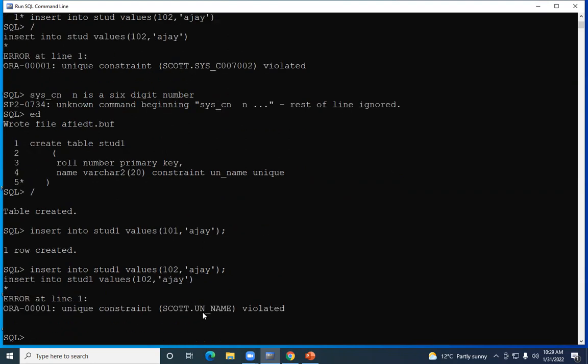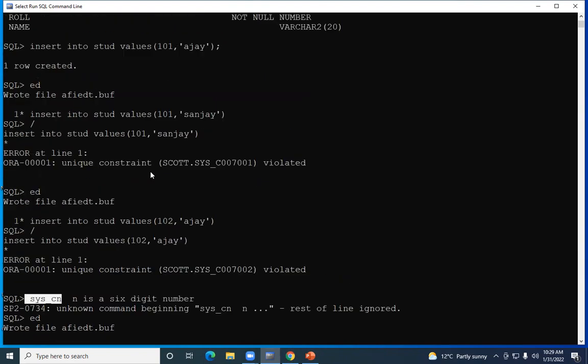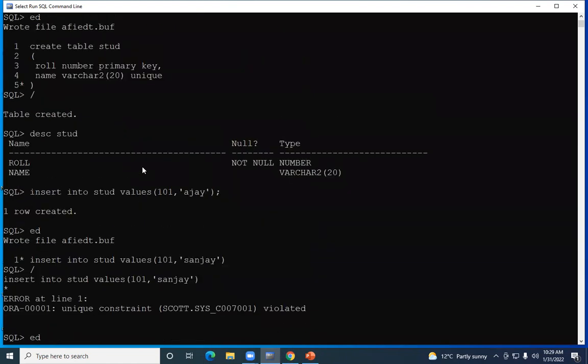Right. So if you provide a name on your own, then it's okay. If you don't provide a name, then a name of the format sys underscore cn, where n is a 6-digit number, is given by the Oracle engine itself. So the next question would be, when we created this table and I was not aware of this name, and I'm still not aware of this name, if I need to drop this constraint, how can we do it?